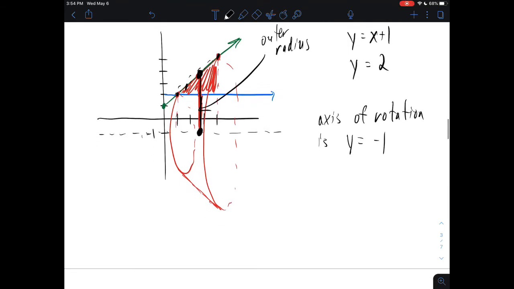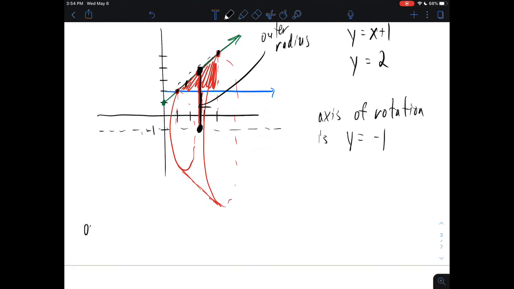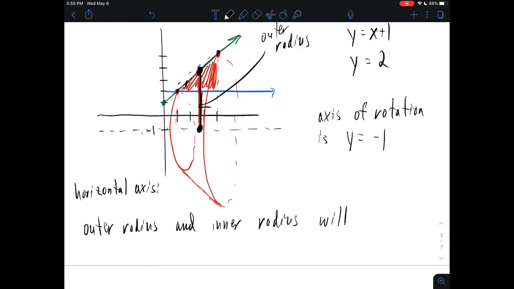So for the outer radius, as you're trying to get used to this, something that you could use to help, if your axis is horizontal axis, the outer radius and inner radius will be differences of y values.